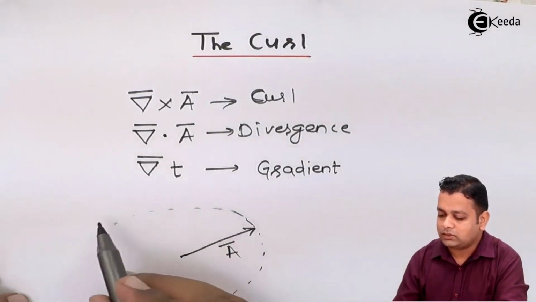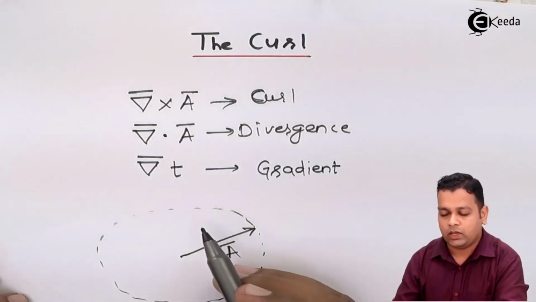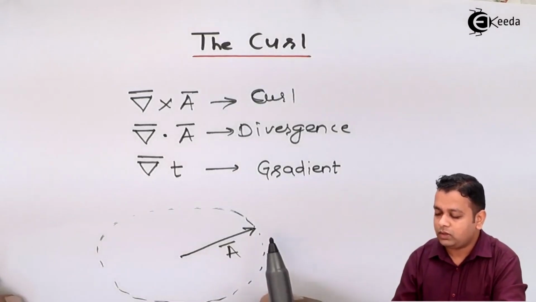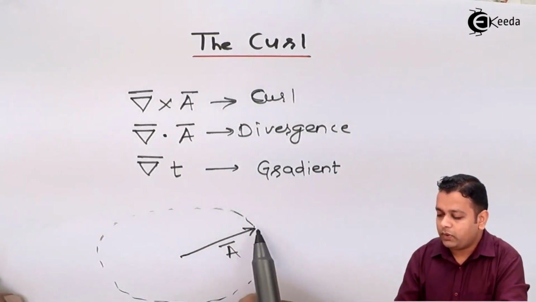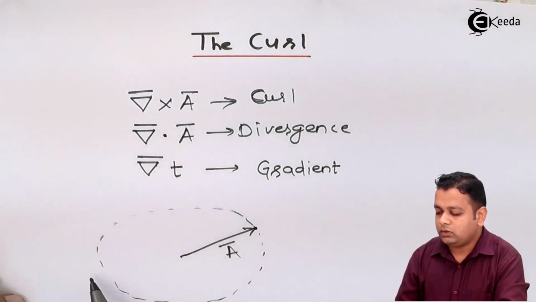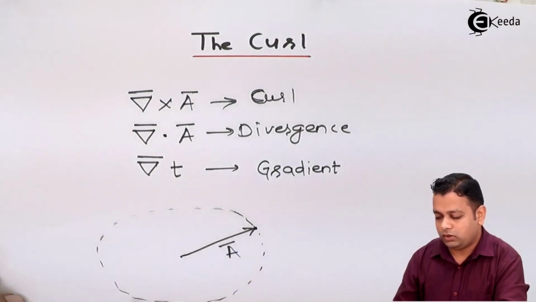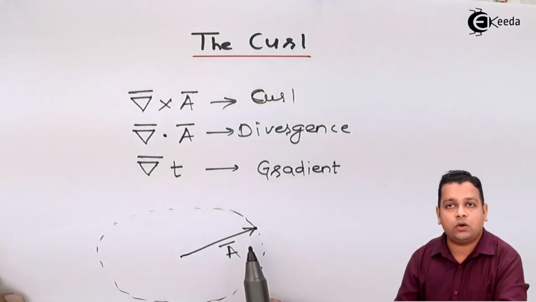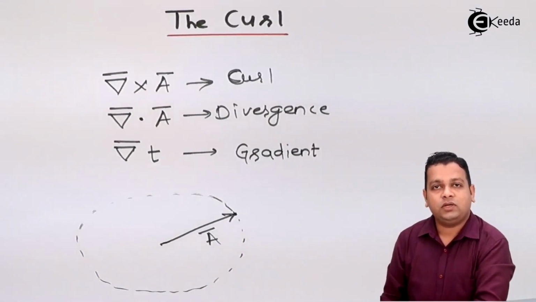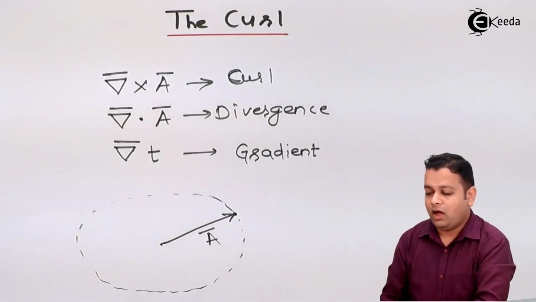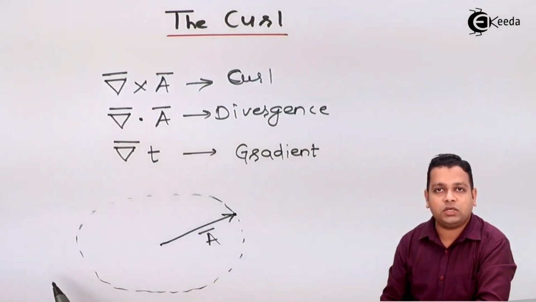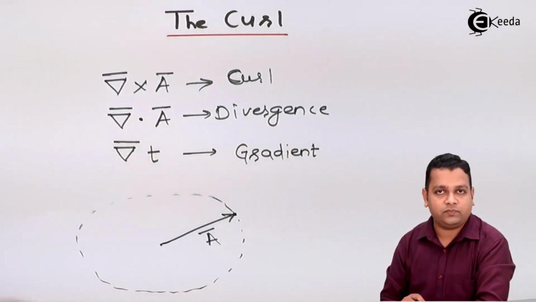If it has counterclockwise rotation, it traces this particular area. Now if we have the integration over this particular contour, it will be a closed contour integration. So this integration will give us an idea of how the tip of vector A rotates in three-dimensional space.